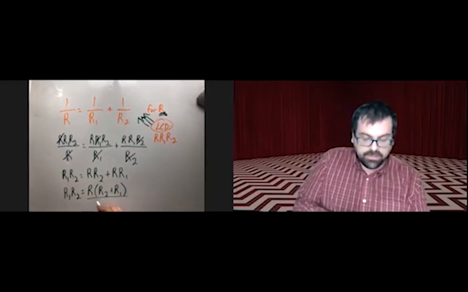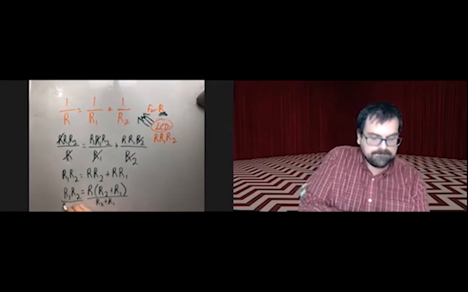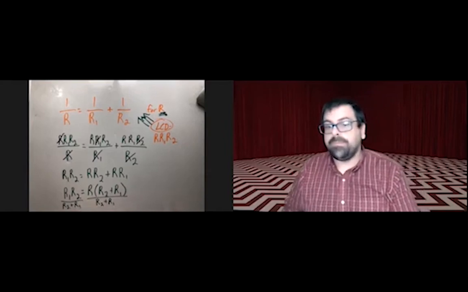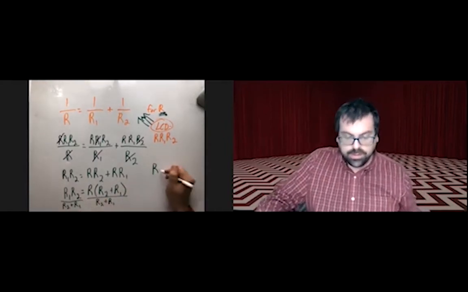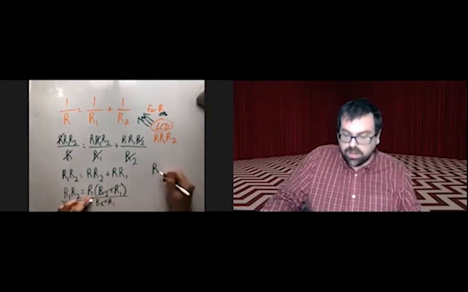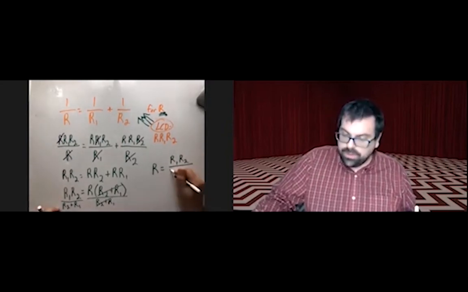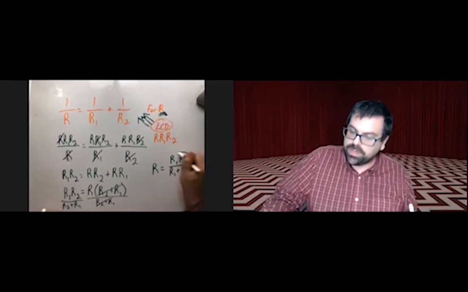Divide both sides by what's left, by the R2 plus R1. And there it is. We're left with the R on one side, and it's equal to the R1 times R2 over R1 plus R2. R2 plus R1, order doesn't matter.